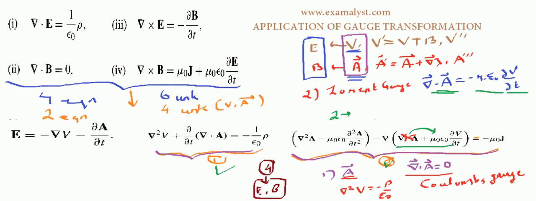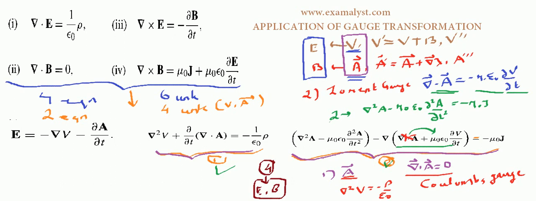When this part vanishes, I am left with only del square A minus mu naught epsilon naught del square A by del t square. Don't you think this looks somewhat like a wave equation? And here we have minus mu naught J.